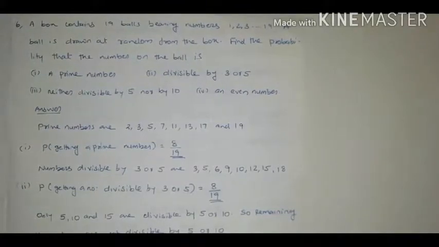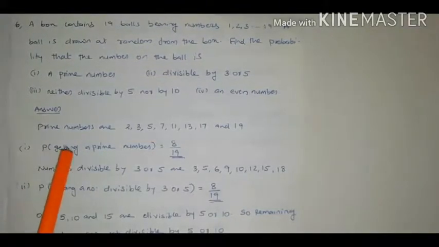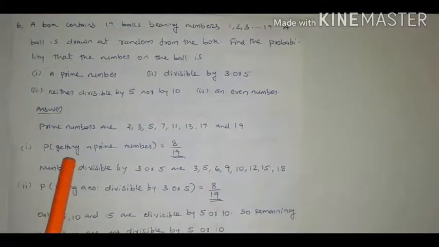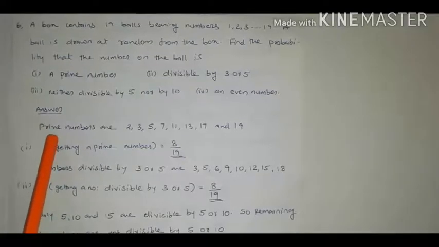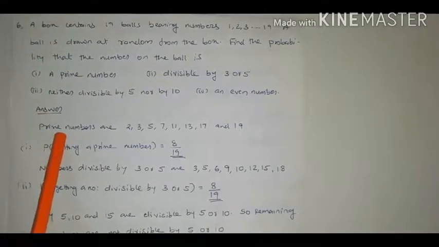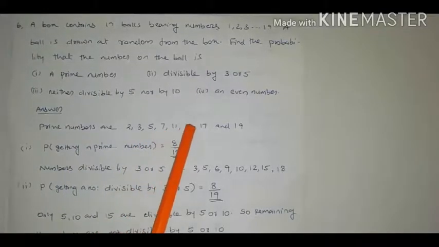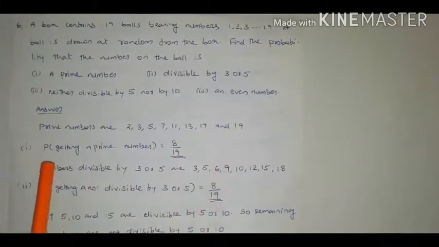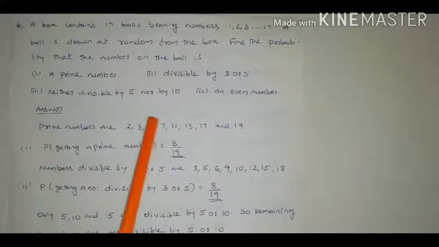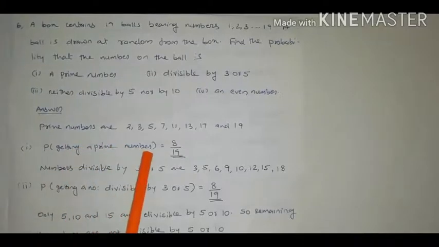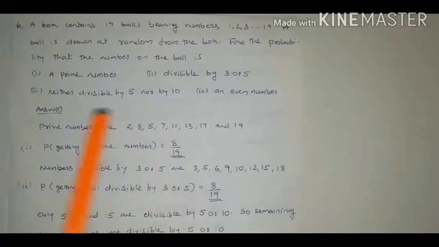The numbers are from 1 to 19, so total 19 numbers. The prime numbers are 2, 3, 5, 7, 11, 13, 17 and 19. Altogether 8 prime numbers out of 19. So the probability of getting a prime number is 8 by 19.